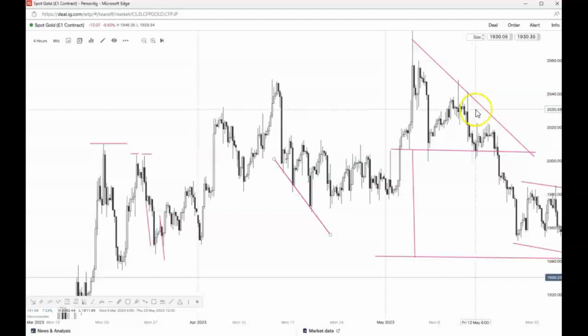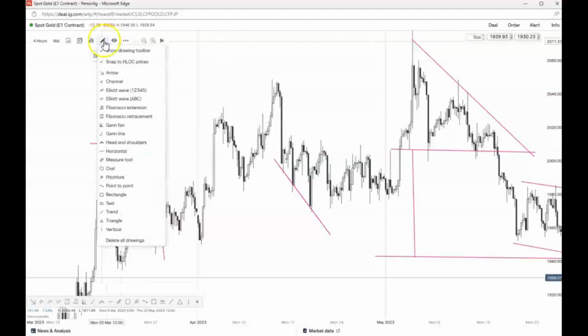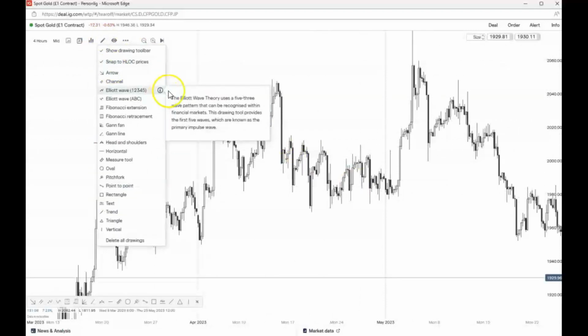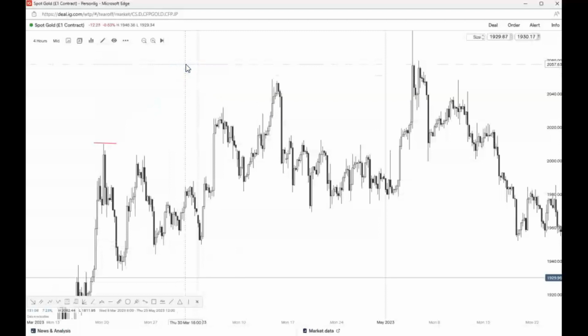So you have to train your eyes to see all of these patterns, because I will remove everything now. This is a blank chart. And if you're not trained to see what is in here, it will be very, very difficult for you to realize where the patterns are. So what you have to do is you need to learn to see all of the tops. Okay, I take the drawing here.